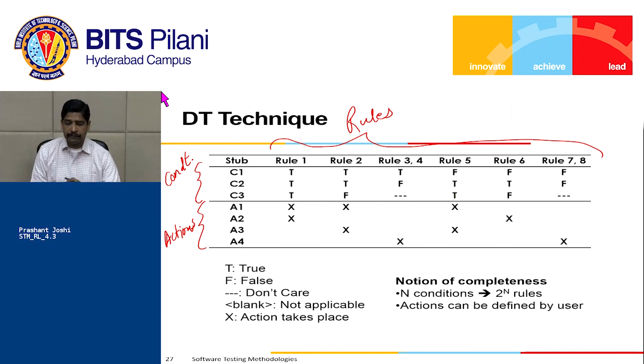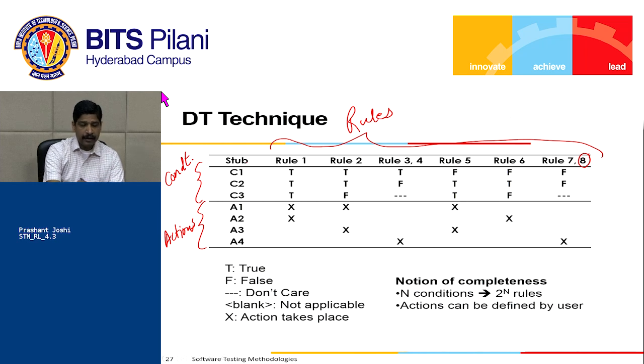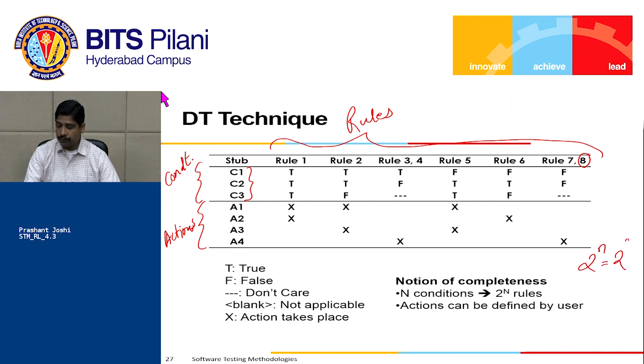If you have observed, we have 8 rules. They correspond to the number of conditions, so this is equivalent to 2 raised to n, which in this case is 2 raised to 3, which is equal to 8.